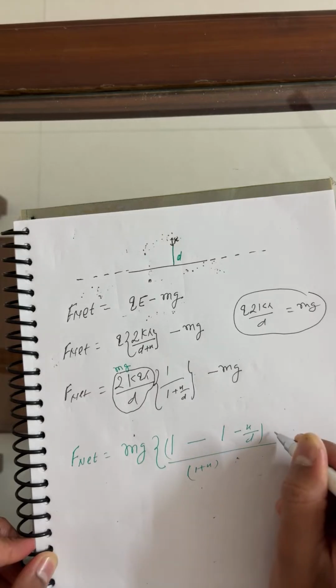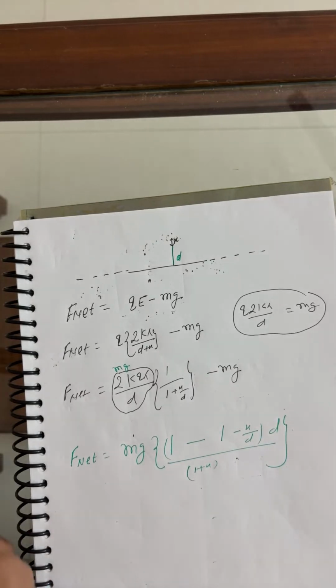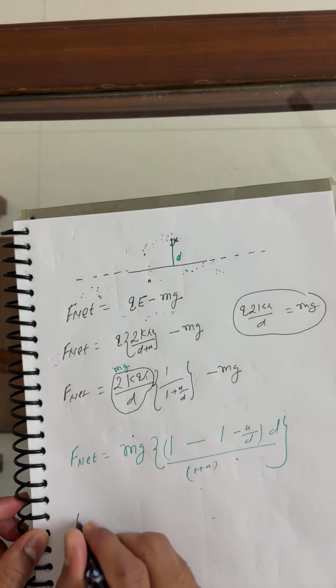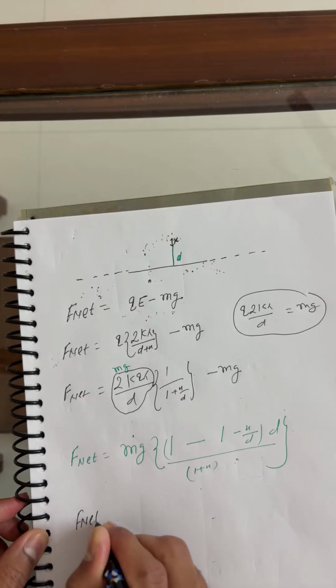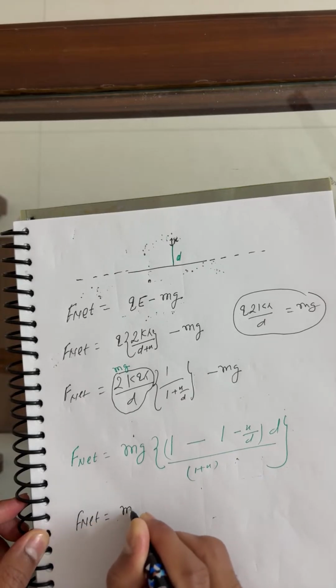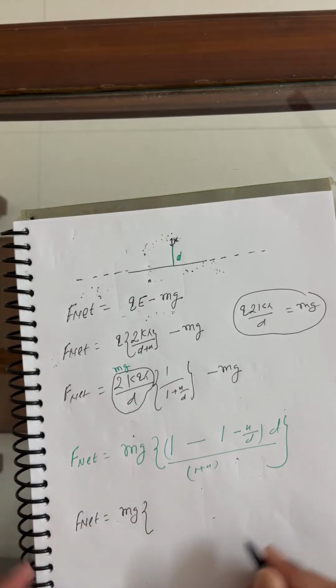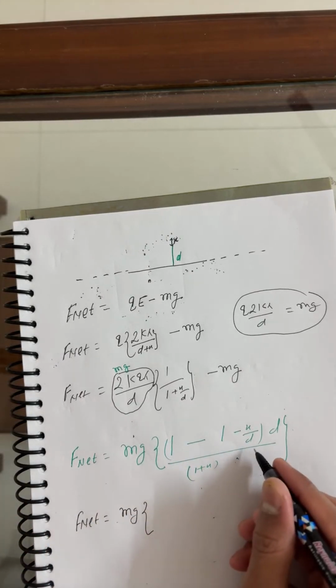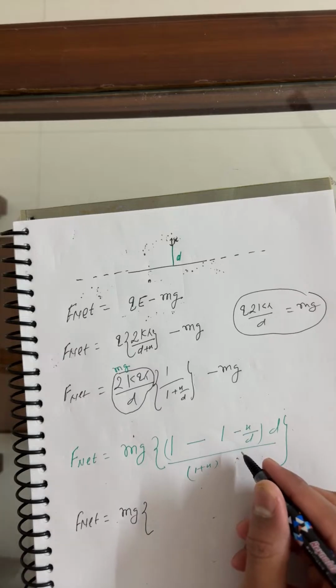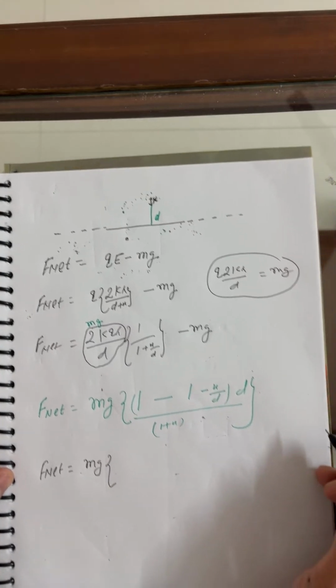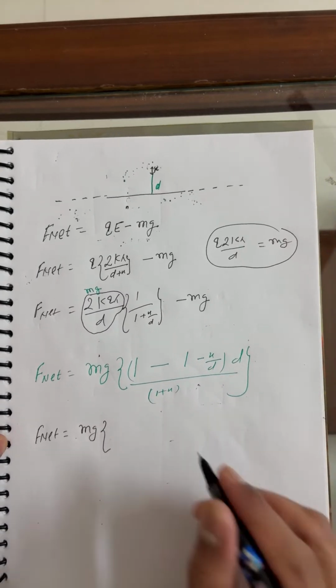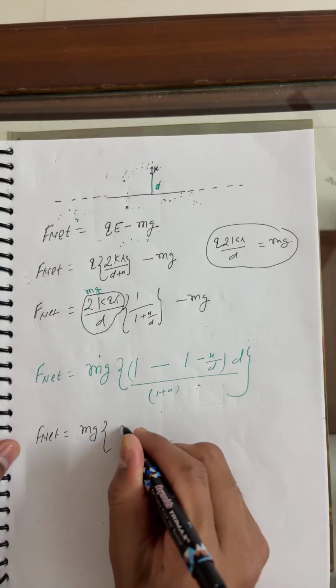Students, you can write for F net: mg, do your calculation, you can take the LCM only.